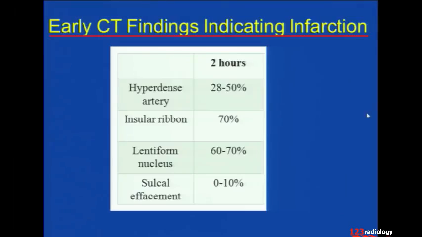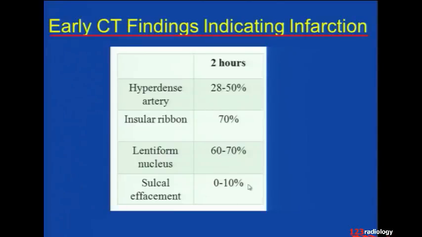Okay, so this is a culmination of what I found from reviewing, I think, about 40 articles on the CT findings in stroke dating back to the late 80s. And basically, the hyperdense artery, the insular ribbon sign, and the lentiform nucleus sign were commonly reported by various authors within the first 2 hours.